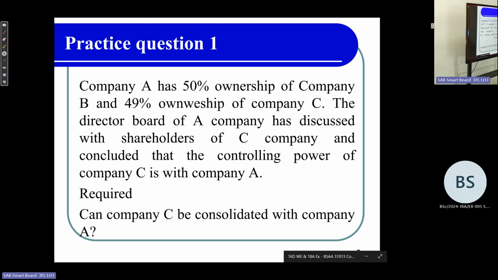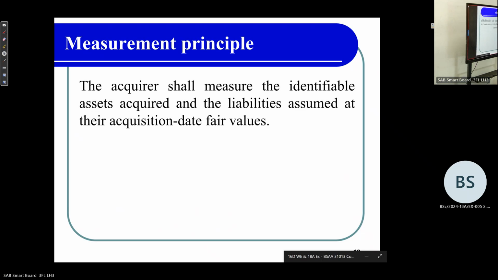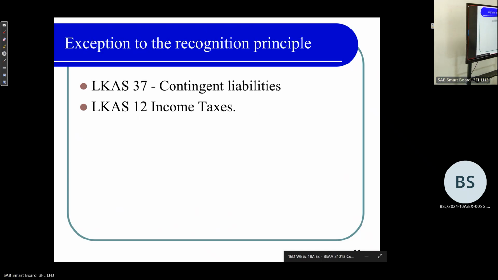We did this practice question, acquisition date, measurement principle: we should measure at fair value. NCI should be measured either at fair value or at the proportionate value of net assets. And there are some exemptions for the recognition principle.